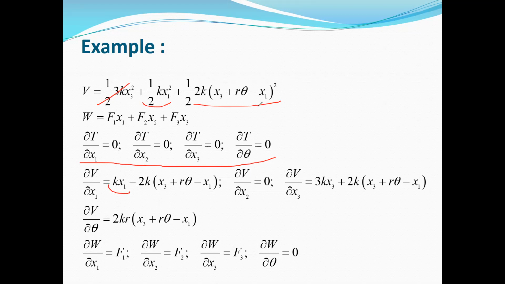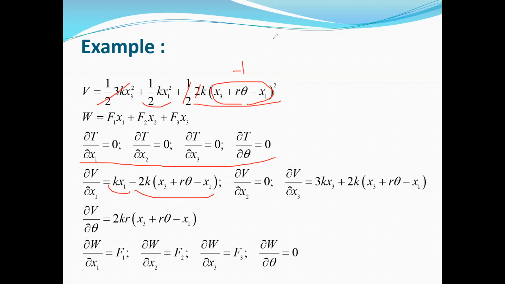The derivative of this term, this half will cancel out with this 2, with respect to x1 is equal to 2 times k times the derivative of this term with respect to x1, which is equal to -1, multiplied by this term to the power of 1. So we will have minus 2k times (x3 + r theta - x1). Okay, so this is the partial of V with respect to x1.